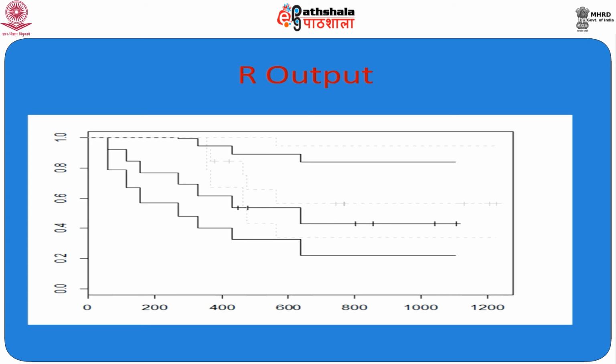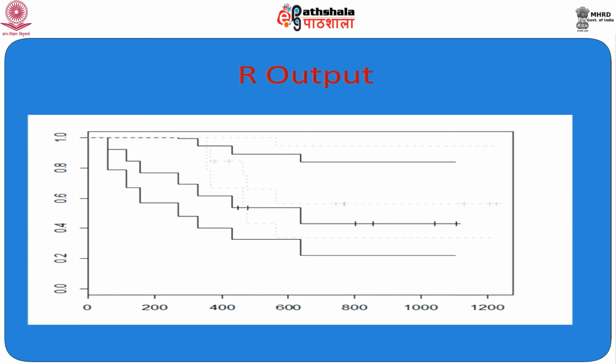So, these are the curves shown here, and the gray lines give the confidence interval, and the black lines give the point estimate. Since we have 2 groups in Rx, survival curves for both the groups are coming here.